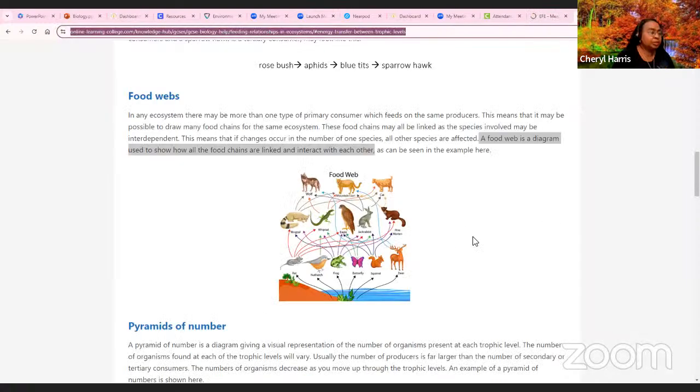All right, let's go back over here. All right, so we're looking at this picture. Everybody there? What was the question? The question was you need to write down at least, everybody needs to give me at least one food chain in this food web.